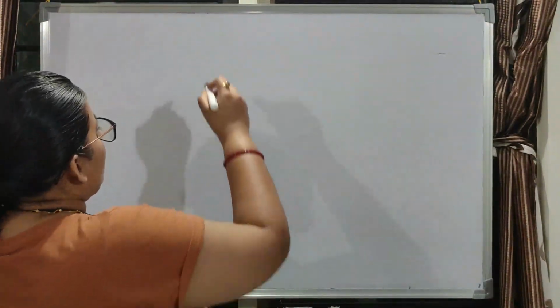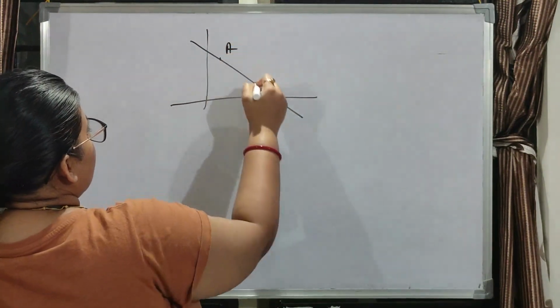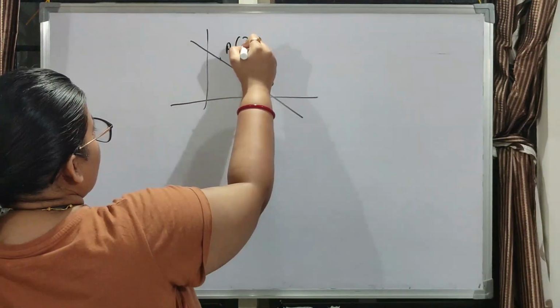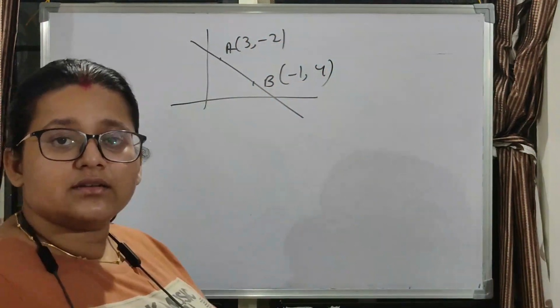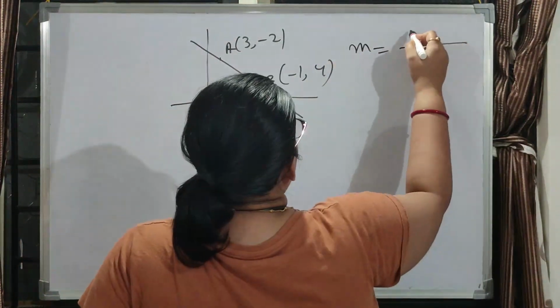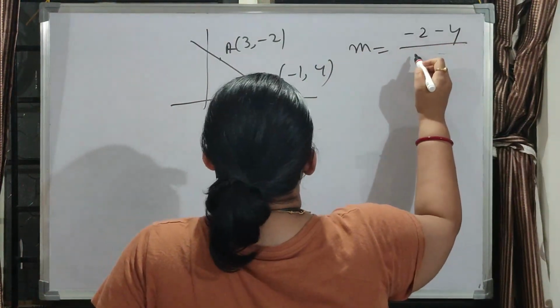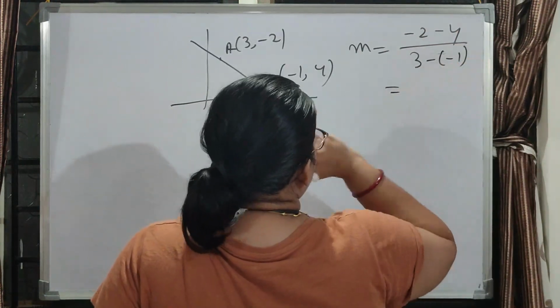Now see some questions based on the second formula. Suppose here points A and B are 3, minus 2 and minus 1, 4. We need to find the slope. So slope equals Y2 minus Y1, minus 2 minus 4, upon 3 minus of minus 1.